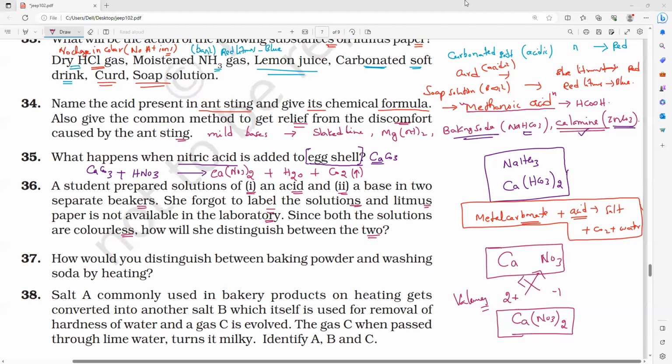What way can you distinguish? Gayatri, your ideas, your choice. So you don't have a litmus paper. In the laboratory we always prefer 2 indicators. Anybody can tell me? Sir, phenolphthalein. Yes. We can use man-made indicators.